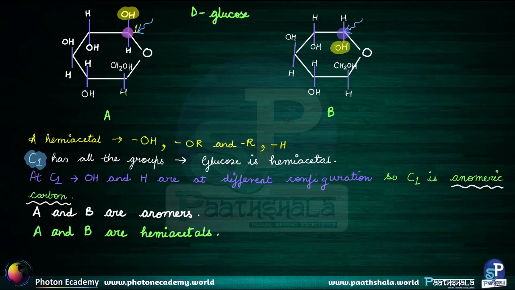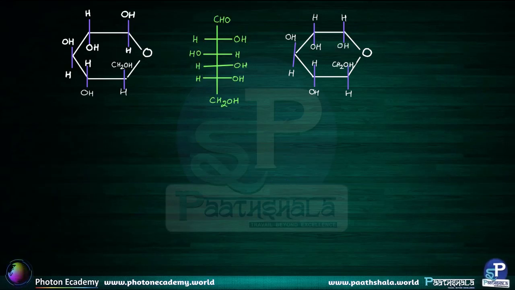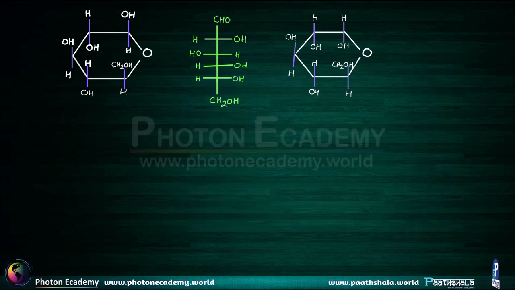Now, the last thing that I want to tell you, if I'm covering the cyclic structures, is that if I look at the open structure here, it is in very less percentage in existence when it exists with this cyclic form. So it is actually in equilibrium with these two forms. So these three structures are in equilibrium.